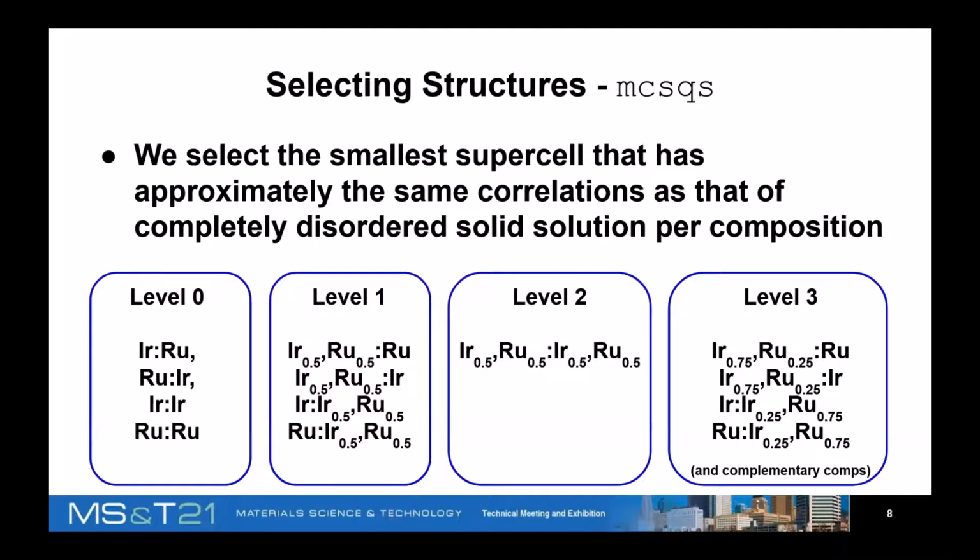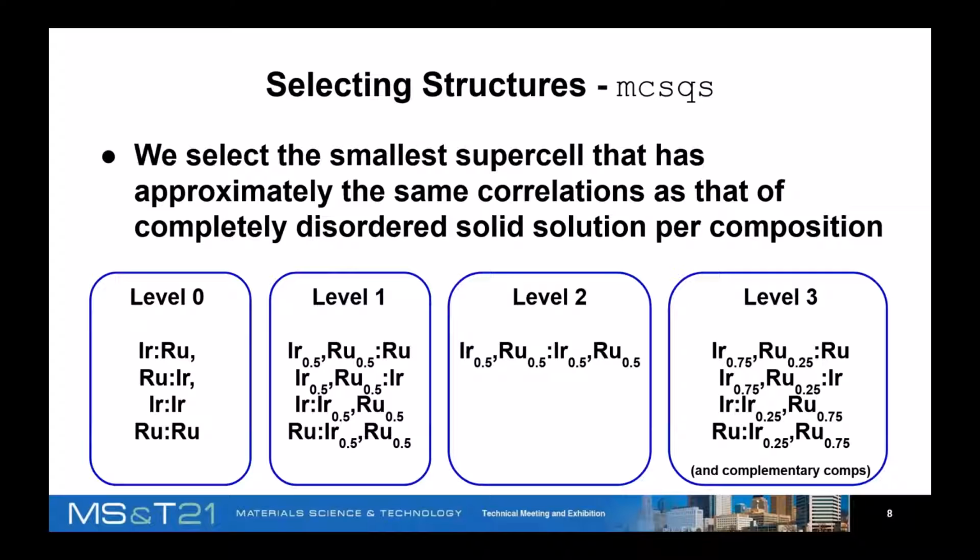So let's dive in. To accelerate the DFT step of the pipeline, we use special quasi-random structures, which are essentially the smallest supercell for which the correlations between the constituents and its neighbors, up to a specified number of neighbors, are close to 0.